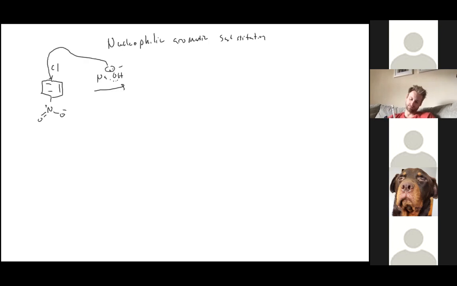At our Cl center, we are going to have our electrons go all the way down to this nitrogen here, and then come back up to eliminate our chlorine and form our final product.